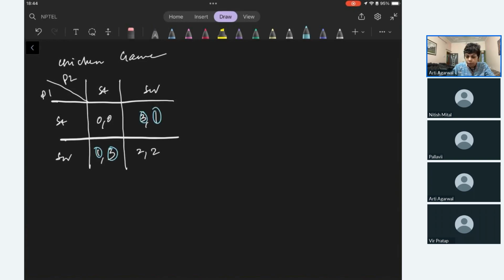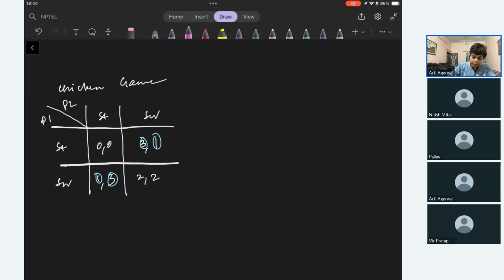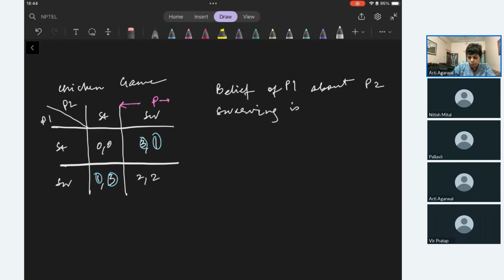All right. Now, let's say that the probability of P2 swerving is P. Okay, this is why I'm going to mark it. Belief of P1 about P2 swerving, P. Okay, this is my belief.